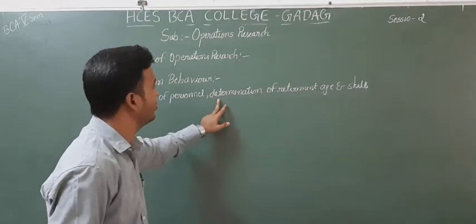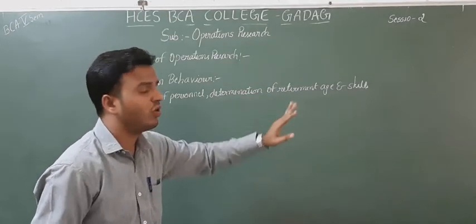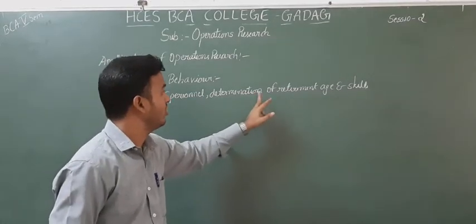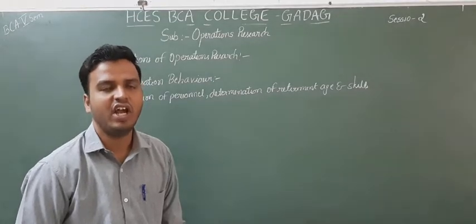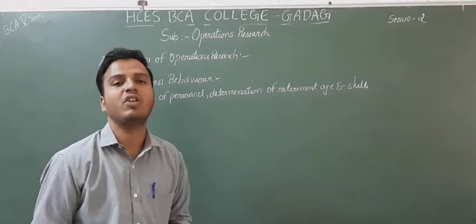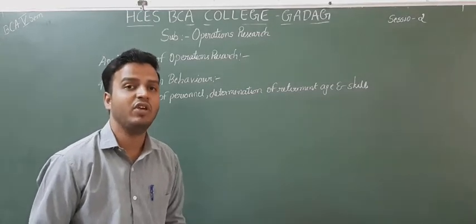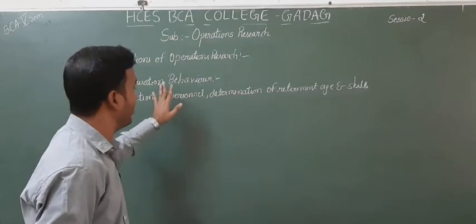Next, we also determine the retirement age. We have to define the retirement age of those employees, and whatever the qualification or skills that employee is having, these things we have to determine in organization behavior.